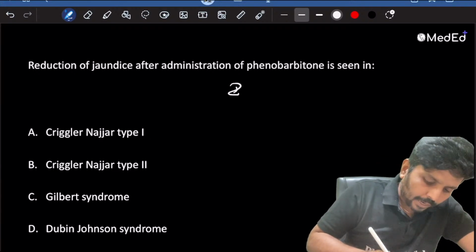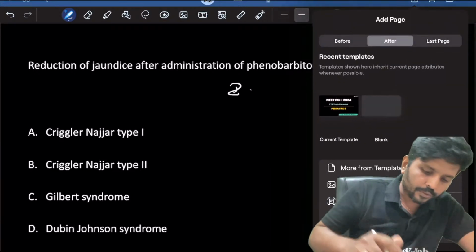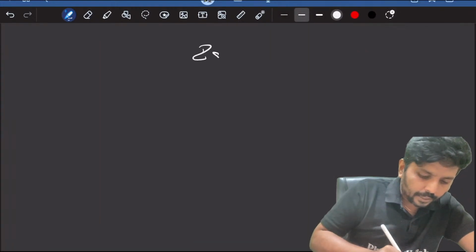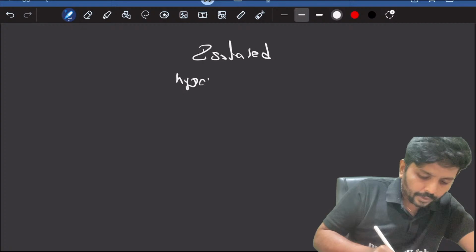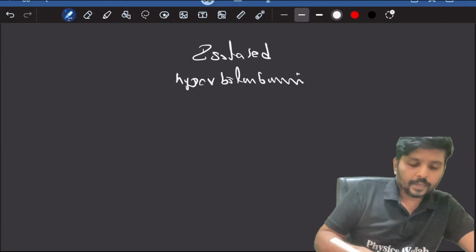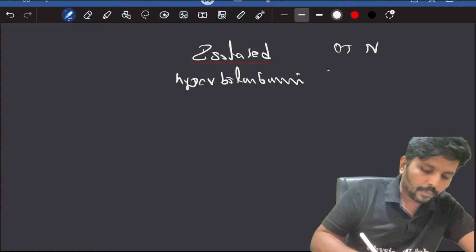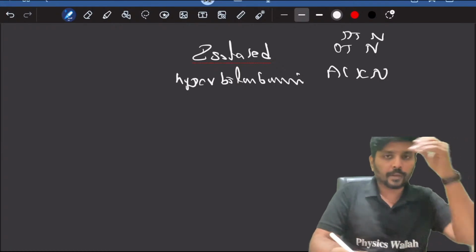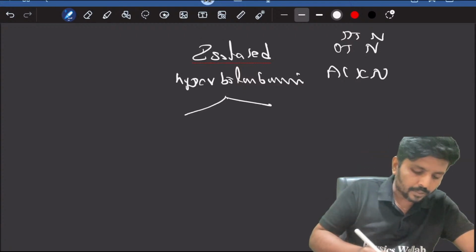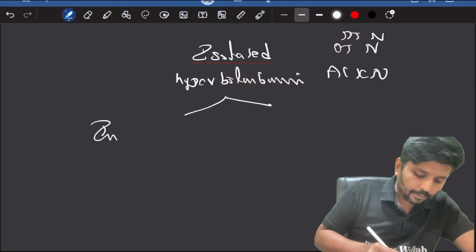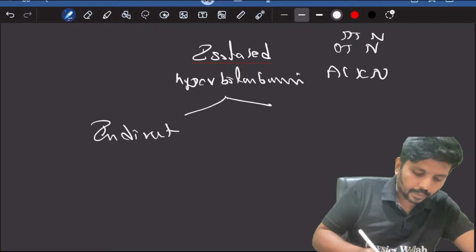So when you have isolated hyperbilirubinemia, let me teach you this way, that means your OT is normal, your alkaline phosphatase is normal, your PT is normal. In this situation, the isolated hyperbilirubinemia can be either indirect or direct.